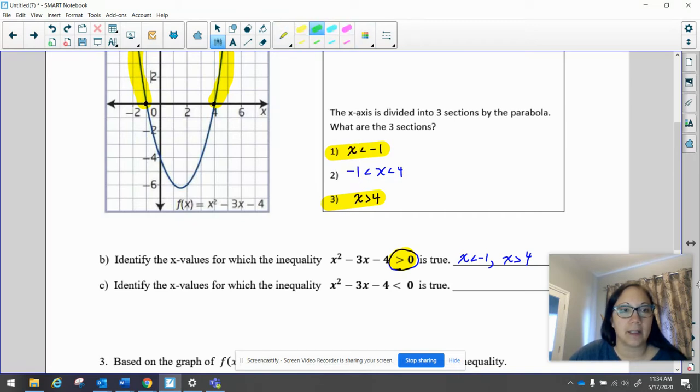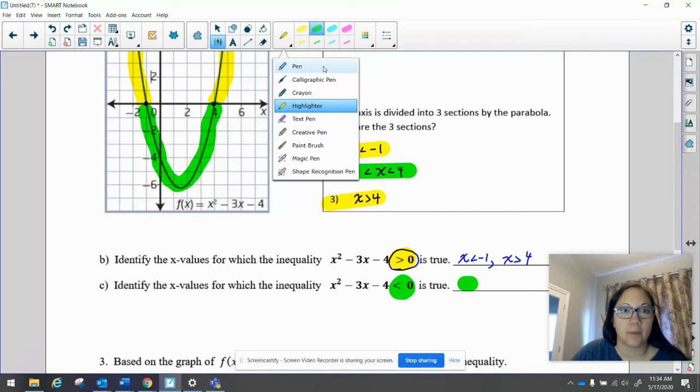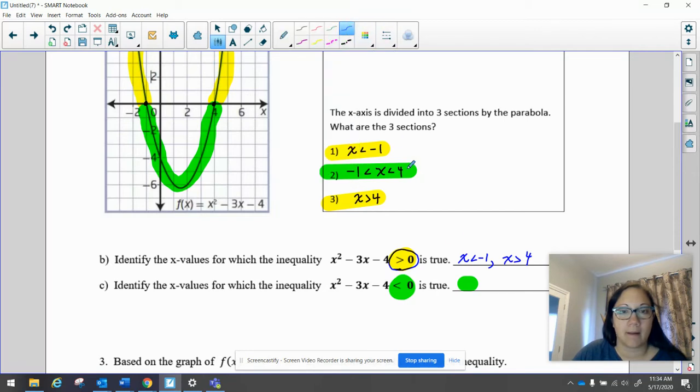And then with my highlighter here, the region where we were less than 0 was when we were below sea level, which was this region here. And so that would have been the same as this. And so that is our domain for when we have the function having a value less than 0.